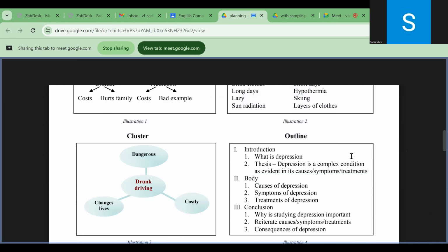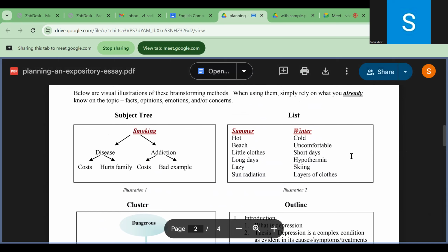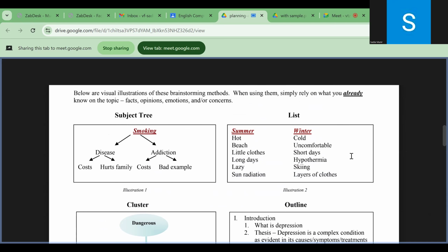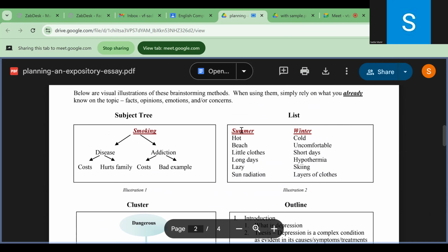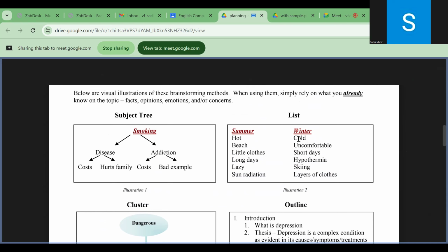These are four techniques that you can utilize in order to arrange or brainstorm about your topic. A list could include, for example, if we are comparing summer versus winter in compare and contrast essays, then we can have these pointers in our mind that summer is hotter and winter is colder, then beach and uncomfortable, little clothes, short days, and whatnot.